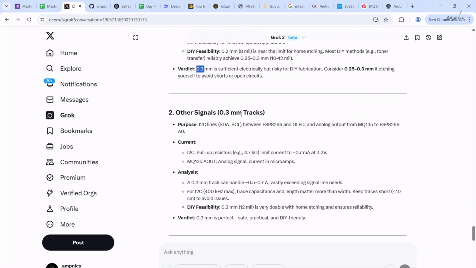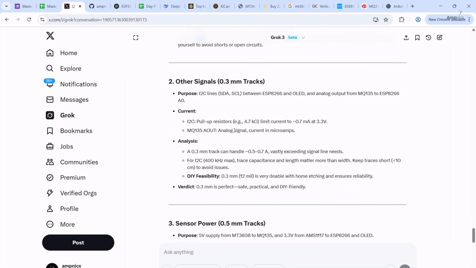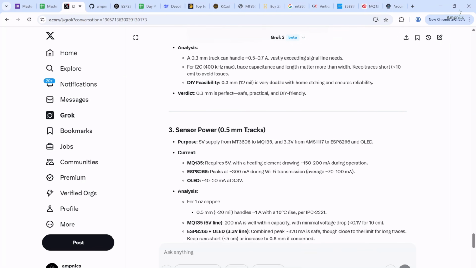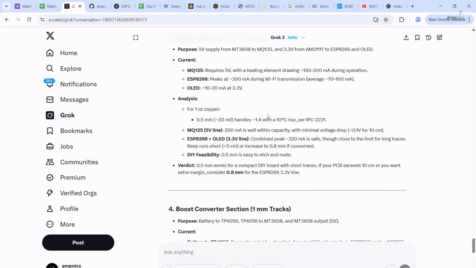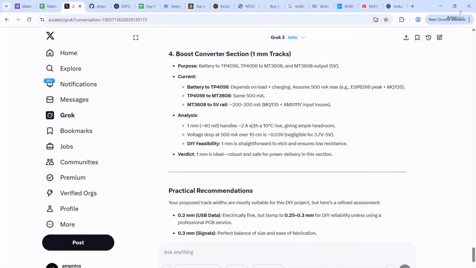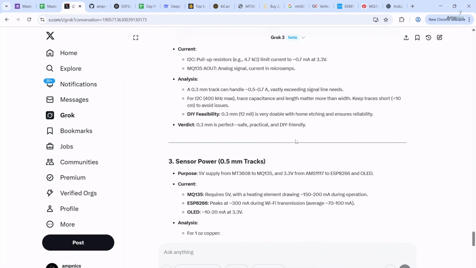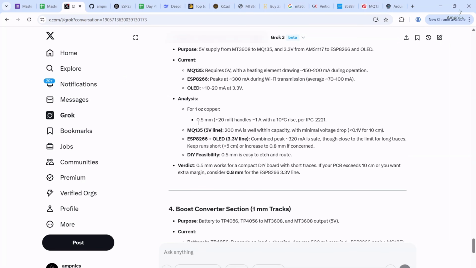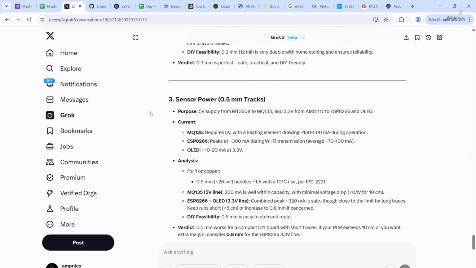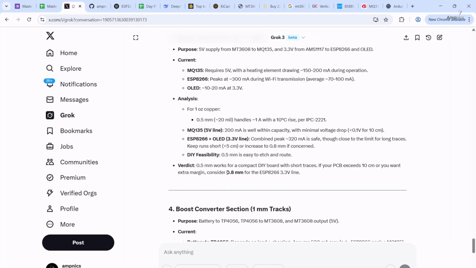Then we have 0.3 mm, which we used for data lines and the passive components. Then we have 0.5 mm. Okay, then we have the boost converter. So it is agreeing on everything except that for sensor power it is suggesting 0.8 mm.